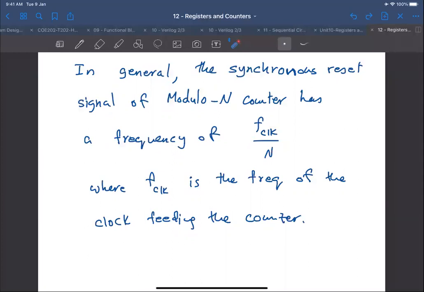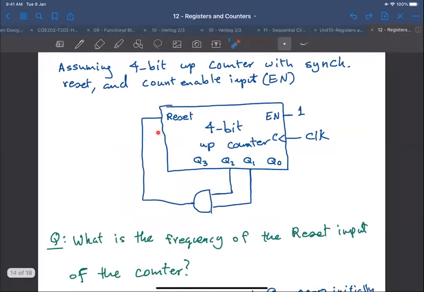Here we had a what? What is this counter, by the way? Modulo what? What is this counter? Yes, modulo n counter. What is n in this case? 4 bits, 7. What's that? 4-bit, 6.